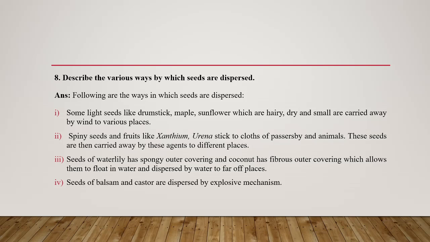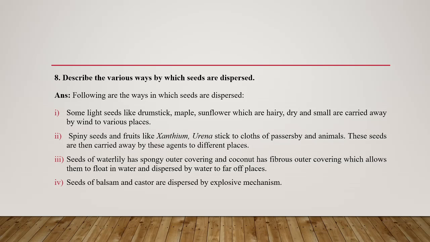Next, there are some spiny seeds, that is seeds and fruits with spines, like xanthium, urena. They get stuck to the clothes of passersby, or the clothes of animals, or maybe skin. These seeds are then carried away by these agents to different places.